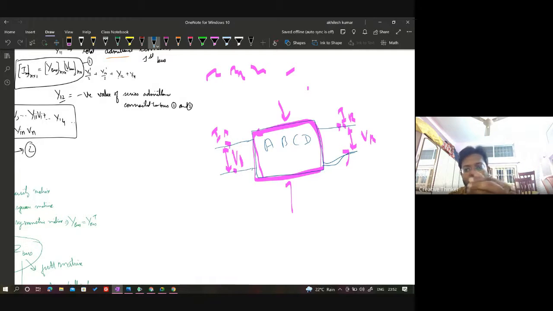We are sending some current and voltage, and receiving different voltage and current. Inside that black box anything can happen, we do not know, but we know the mathematical relationship between Is, Vs and Vr, Ir.